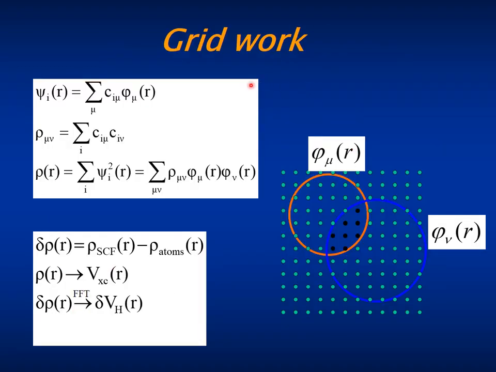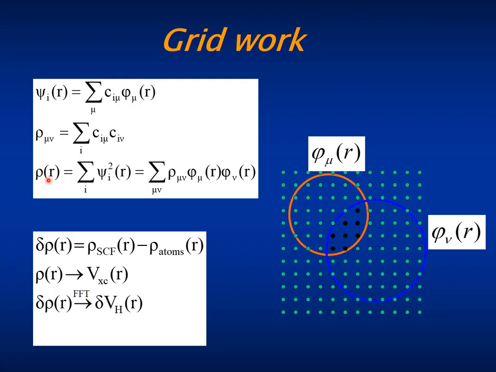The terms of the Hamiltonian that depend on potentials, electrostatic or exchange and correlation potentials, are performed in a grid of mesh points in real space. We start by calculating the so-called density matrix from the expansion coefficients of the occupied electron wave functions in terms of the basis orbitals.